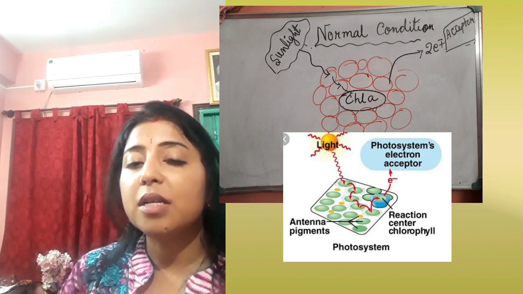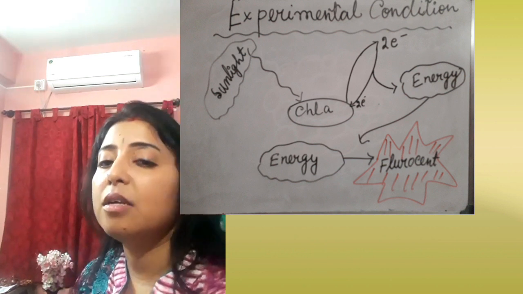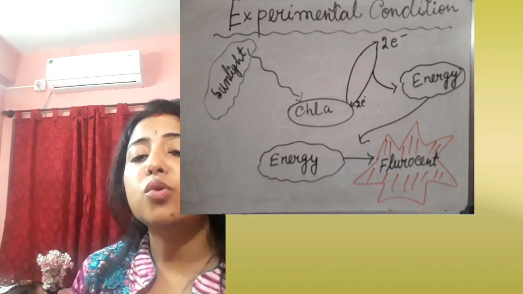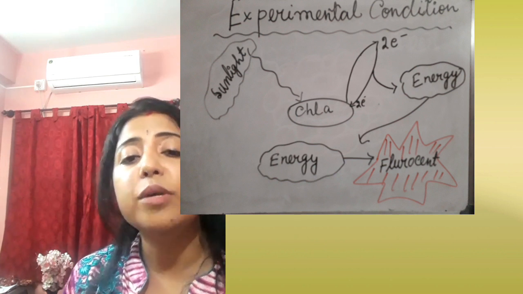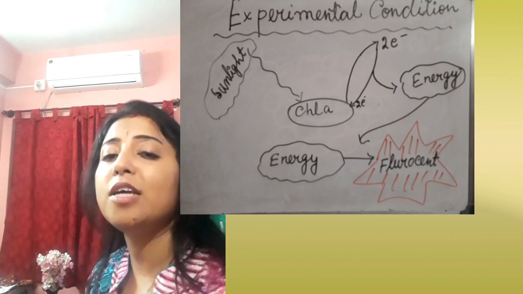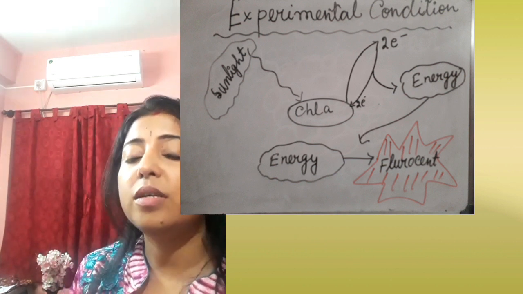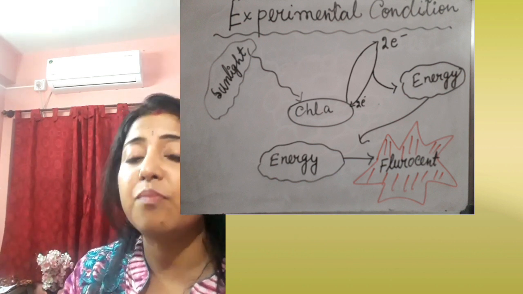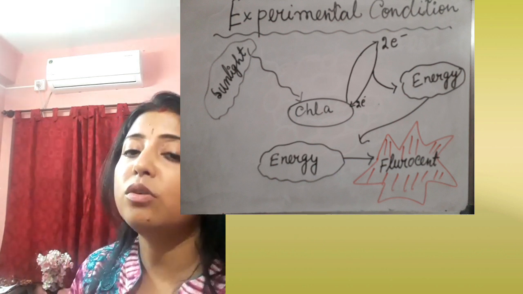But in experimental condition, if we separate this reaction center in some other test tube, it will be directly activated by the photon rays, because there will be no accessory pigments, as we have already isolated it. It will be activated and release two electrons, and at that time there will be no primary acceptor for taking these electrons. So what will happen?